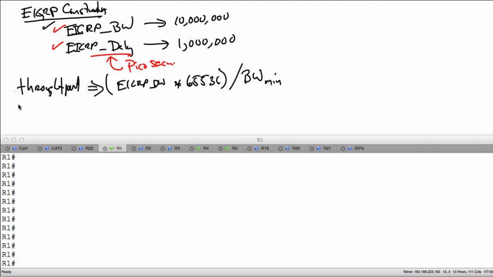Now, that also means I need to understand how my delay is computed. Well, not my delay, it's my latency.